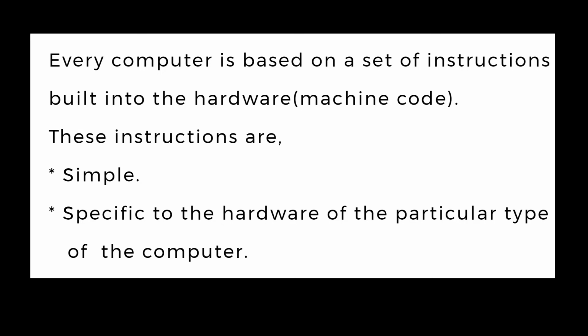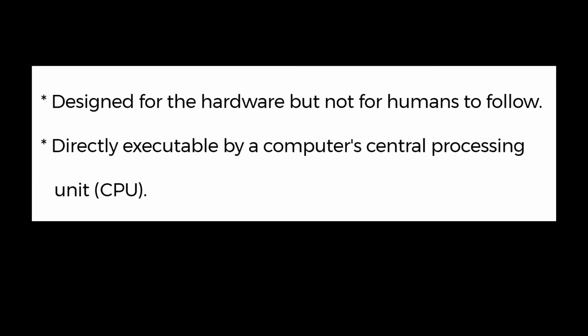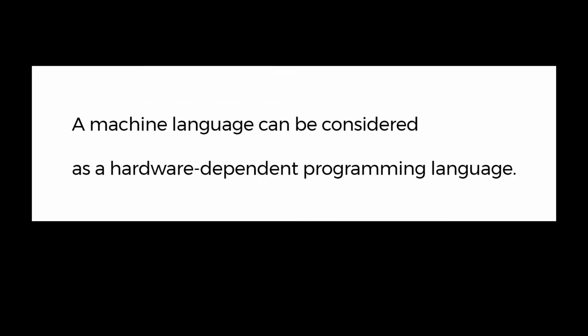These instructions are simple and specific to the hardware of the particular type of computer. They are designed for the hardware but not for humans to follow, and also it is directly executable by a computer's central processing unit. A machine language can be considered as a hardware-dependent programming language.